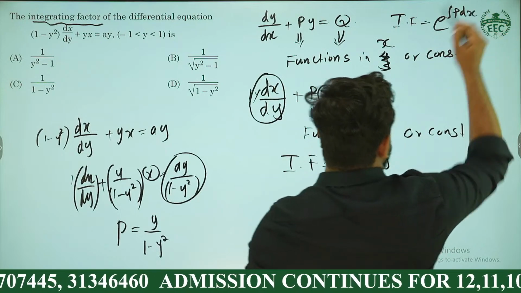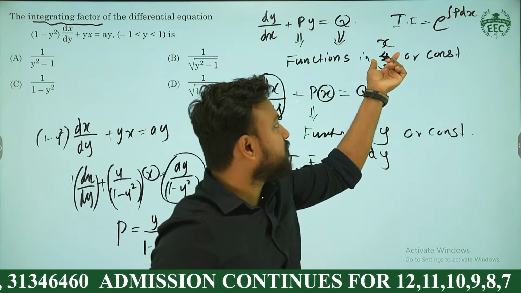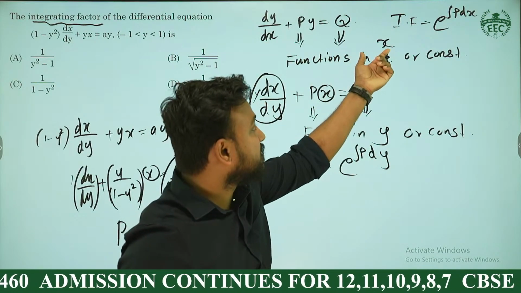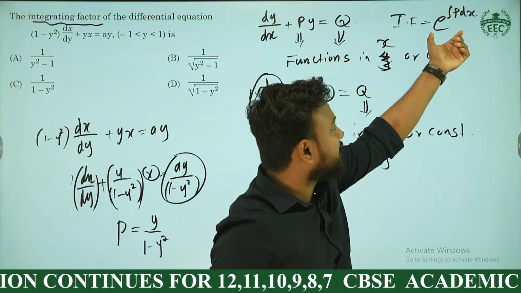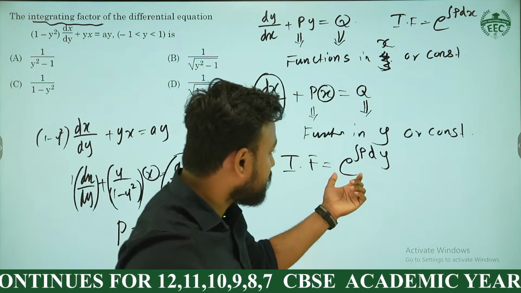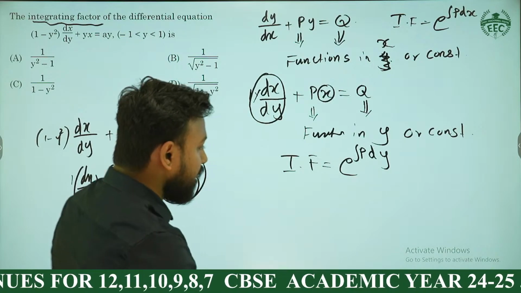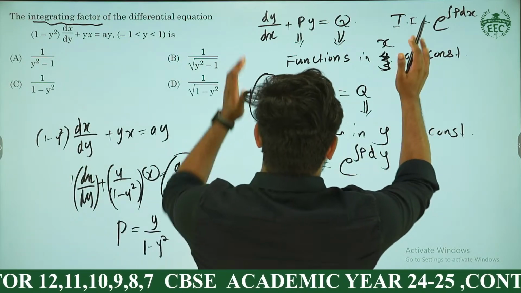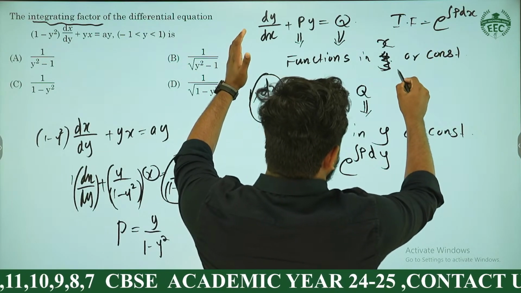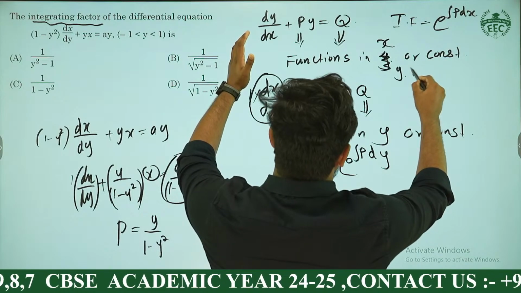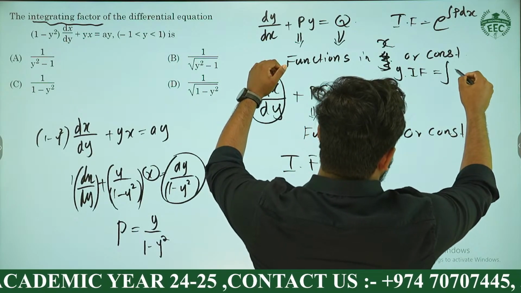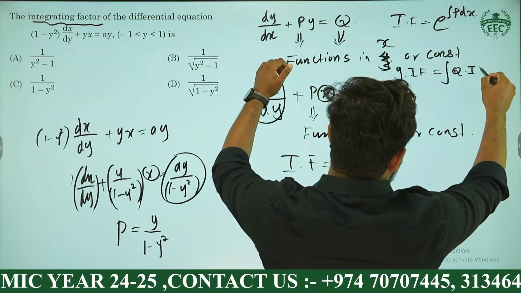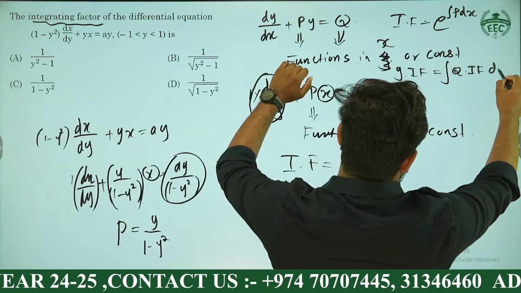For the first type, the integrating factor is e raised to integral P dx, because P and Q are in terms of x. Here it is e raised to integral P dy. Finally, the solution of the first type of differential equation is y into integrating factor equals integral of Q into integrating factor dx.